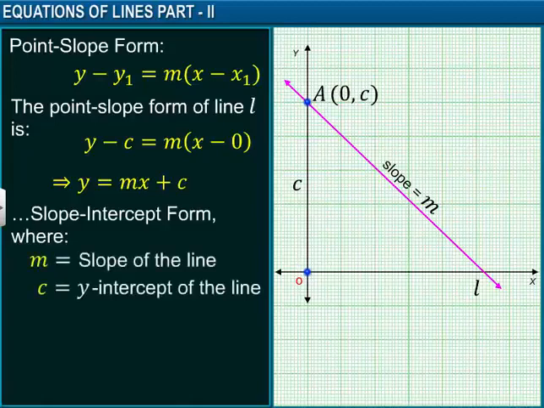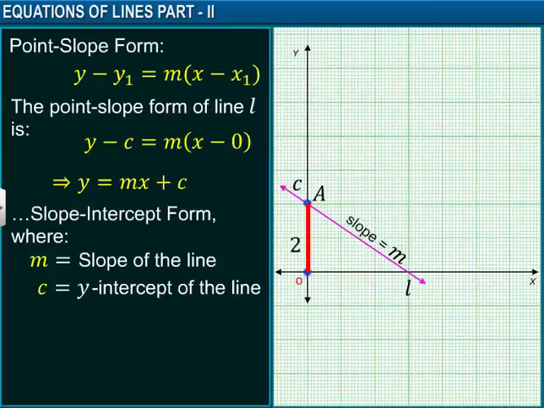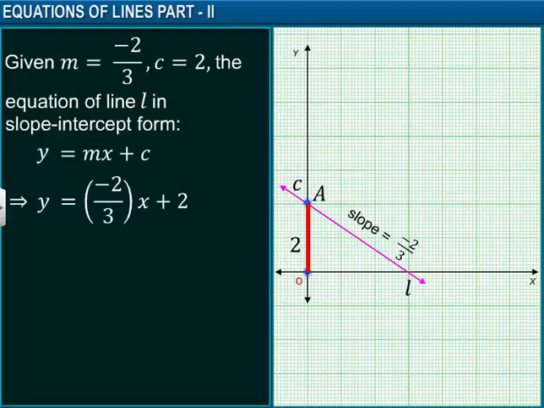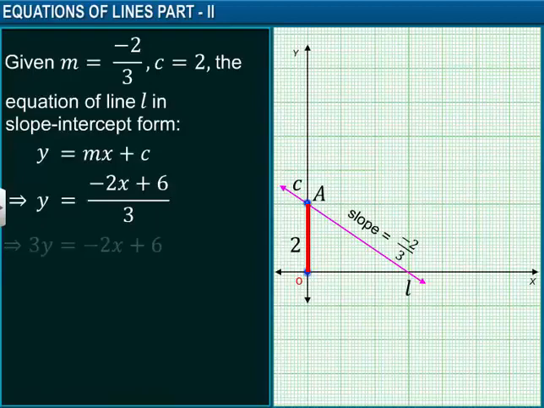For example, let us find the equation of a line with the y-intercept 2 and slope -2/3. Using the slope-intercept form, the required equation of the line is 2x + 3y - 6 = 0.